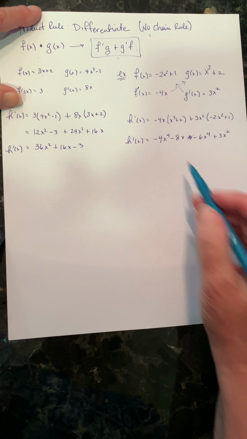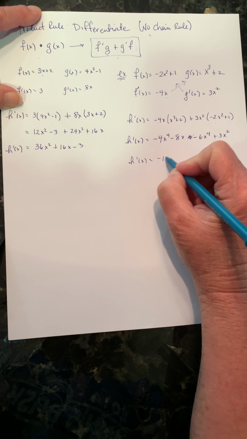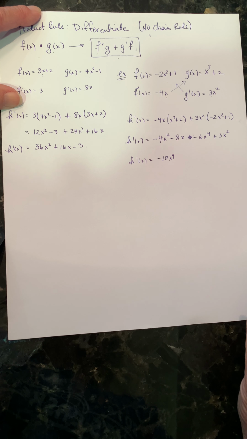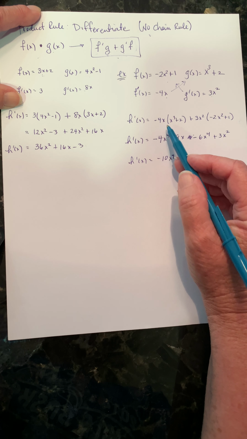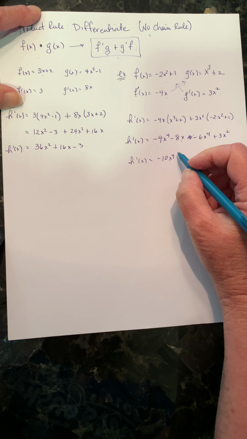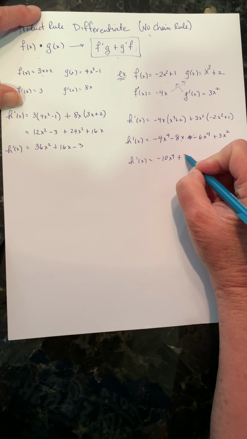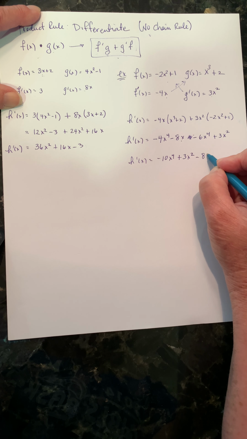So now if we combine like terms, h prime of x equals negative 10x to the 4th plus 3x squared minus 8x.